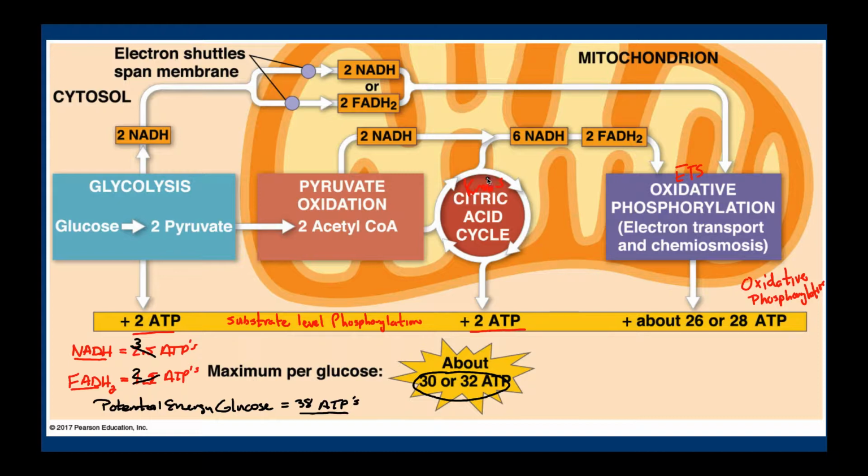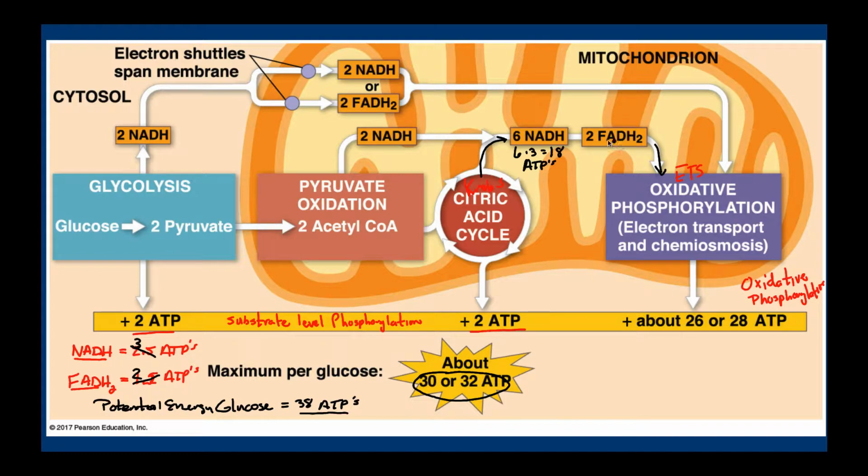Remember that out of the Krebs cycle we got 6 NADHs and 2 FADH2s, which then went into electron transport. Okay, so if for every NADH it was equal to 3 ATPs, this would be 6 times 3, which would be 18 ATPs just for those NADHs that came out of the Krebs cycle.